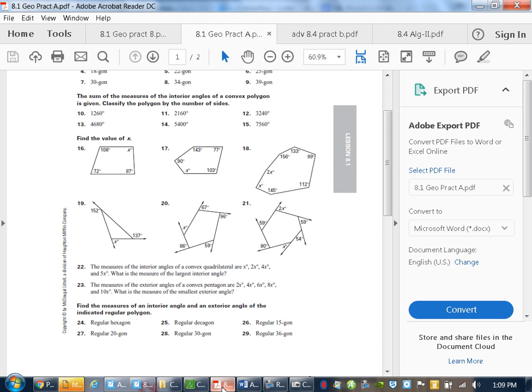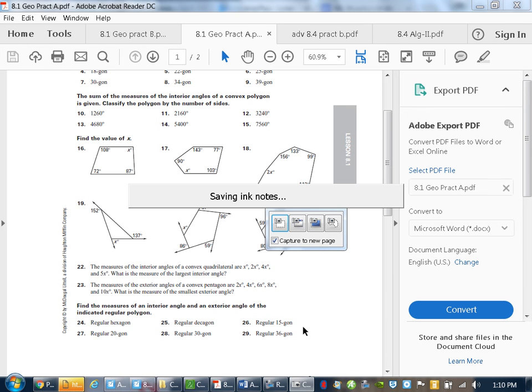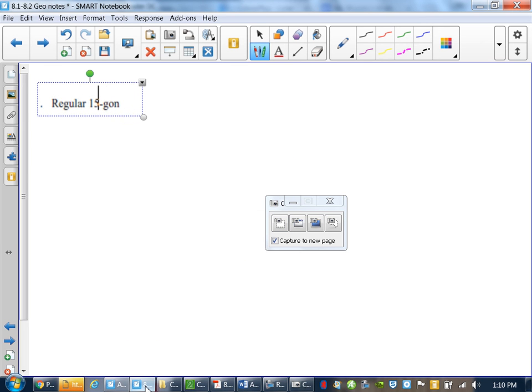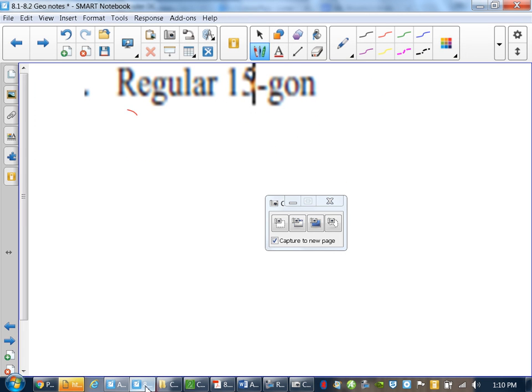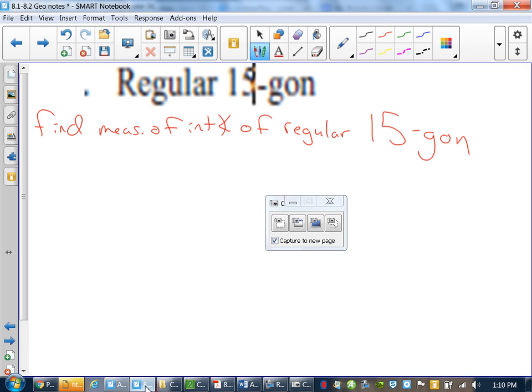If I want to find the measure of the interior angle of a regular 15 gon, how many sides are there? 15.